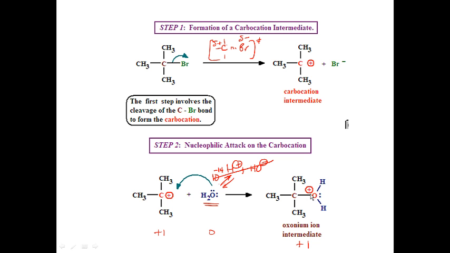It's the formal charge on this oxygen, because the oxygen of the water donated its 2 electrons to the carbon, and the carbon has taken official ownership of one of those 2 electrons. So now I end up with an oxygen with a +1 formal charge, and this is called an oxonium ion. A carbocation is also called a carbonium ion, but I don't use that term very much.